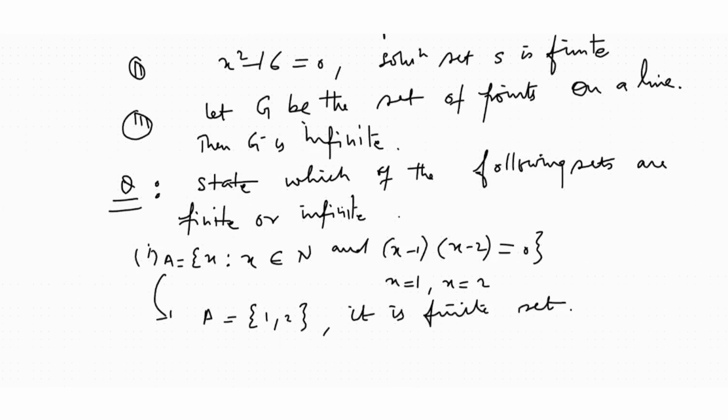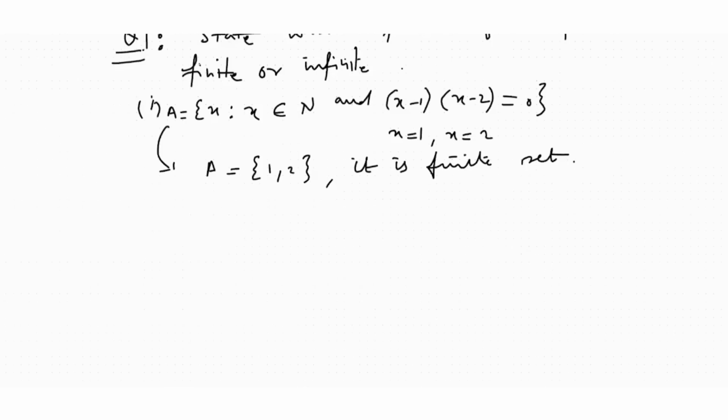So let's take yet another example. If I write {x such that x belongs to N and x is odd}, that means we are talking about an infinite number of odd numbers.